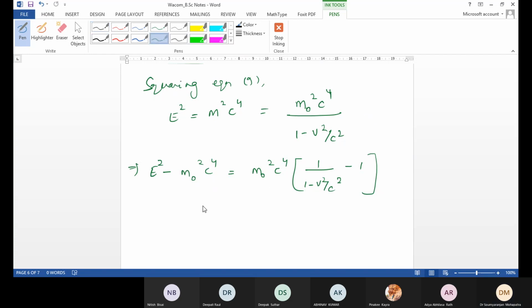Simple? Yes, sir. Now solve it. So this will be your m naught square c4, this is 1 minus v square by c square. If you take the LCM and solve it, this will become v square by c square whole divided by 1 minus v square by c square.